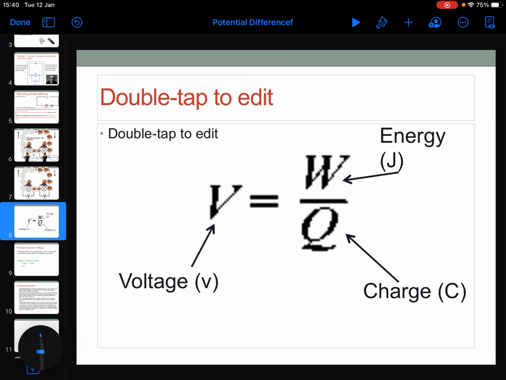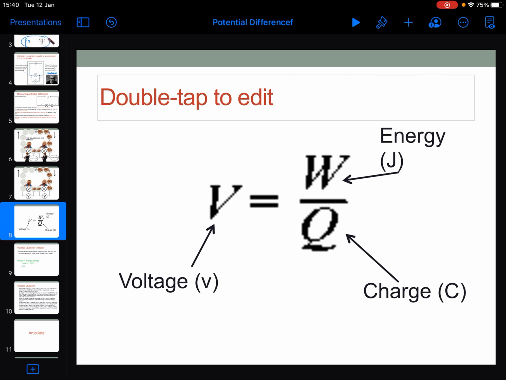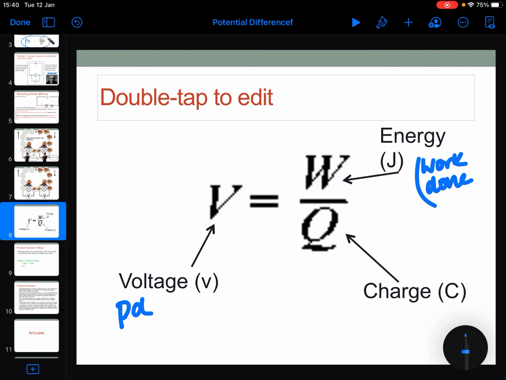Okay, once you've done that, the next bit we are going to do is an equation. I can draw V, voltage, or remember PD, potential difference, measured in volts, is energy. Energy here is shown with a W, because energy can be swapped in with something you came across in year 9, which is work done.